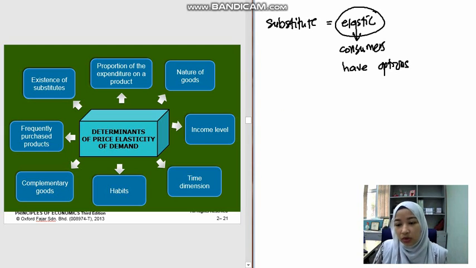Here we are talking about whether the change in the price of that particular product is a high or a small change. I have given an example like this previously. If you want to buy food, usually the price will increase by 1 ringgit or 2 ringgit, or by 50 cent, and so on.